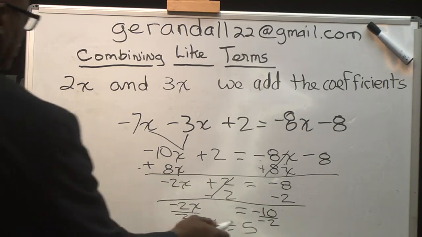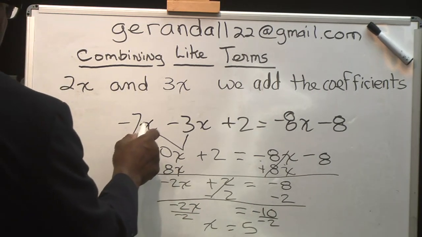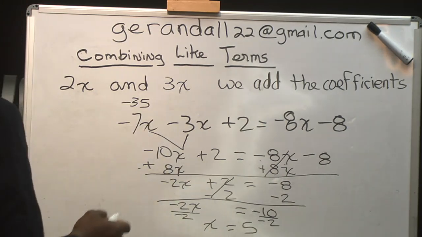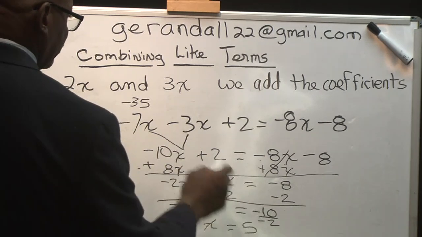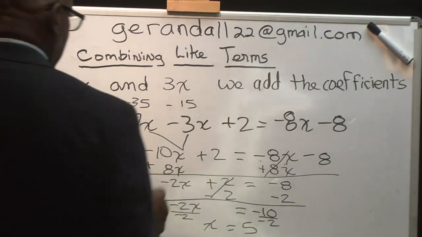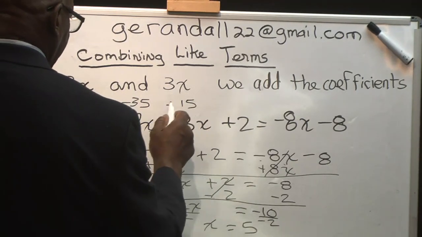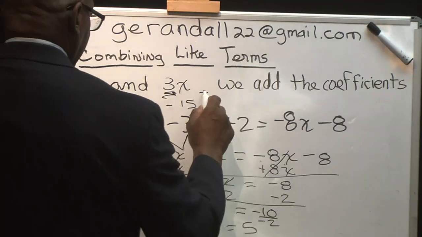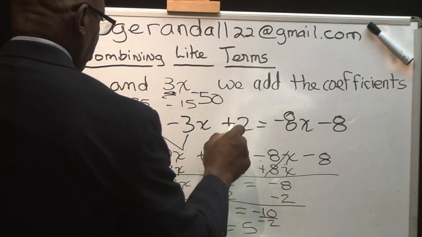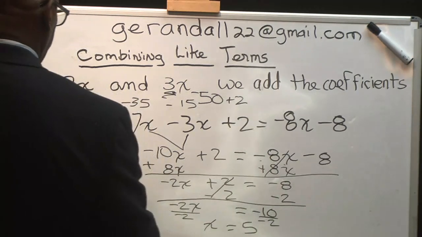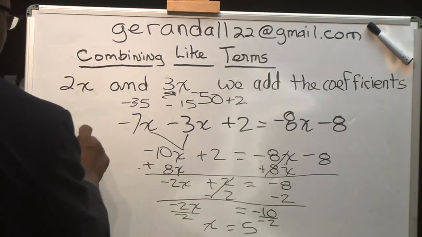All right, so if x equals 5, we got negative 7 times 5 is a negative 35. And negative 3 times 5 is a negative 15. And those two combined is negative 50. Let's put it over here. Plus 2 is negative 48.